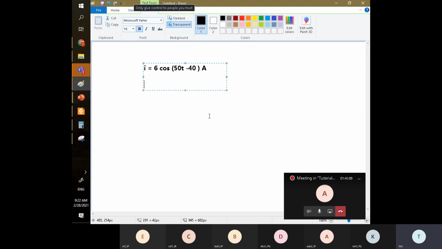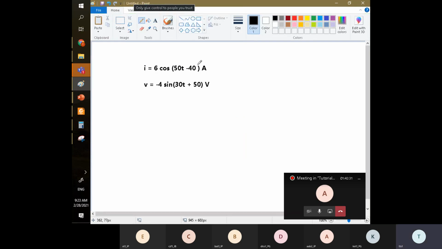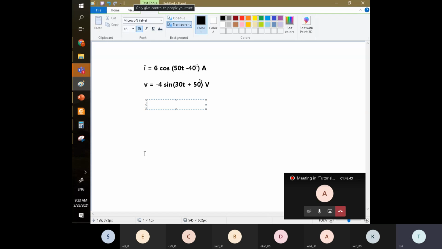Another one is V equal to minus 4 sine of 30t plus 50 degrees, in volts. I want you to convert these to phasors.